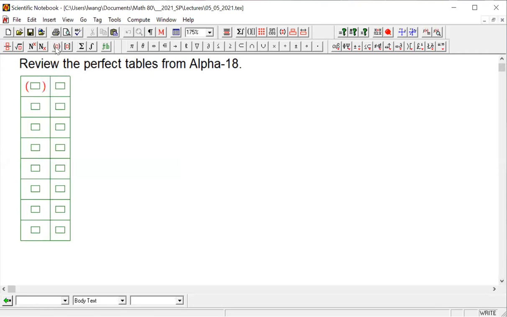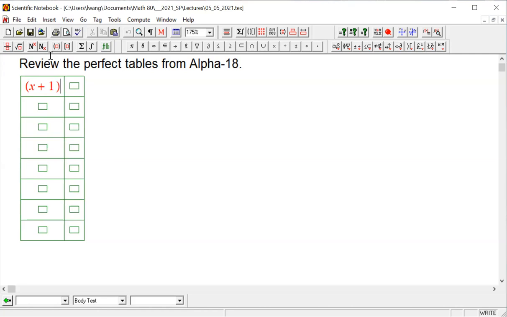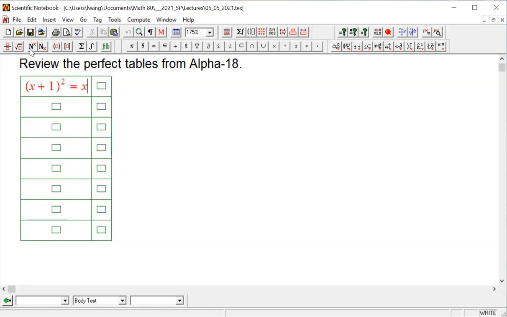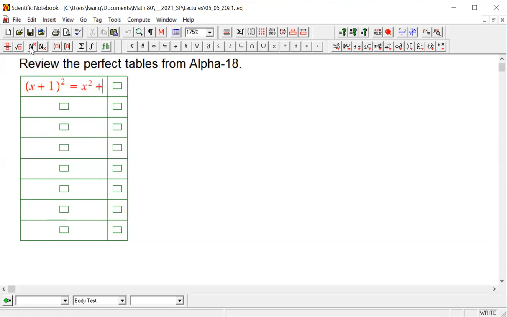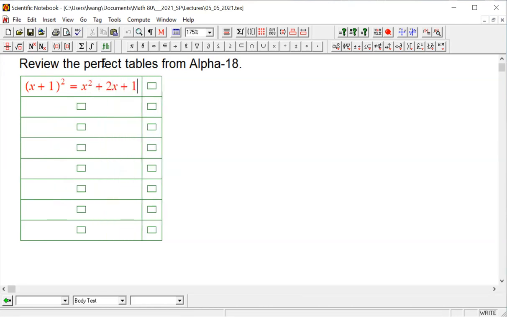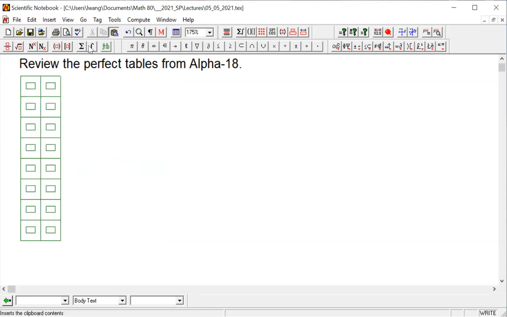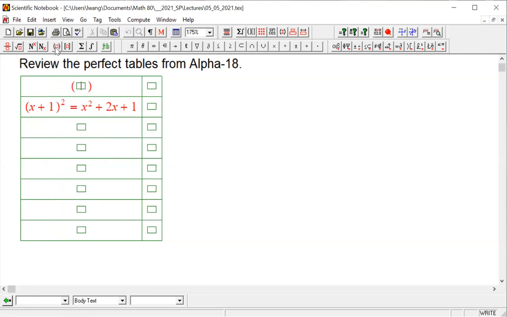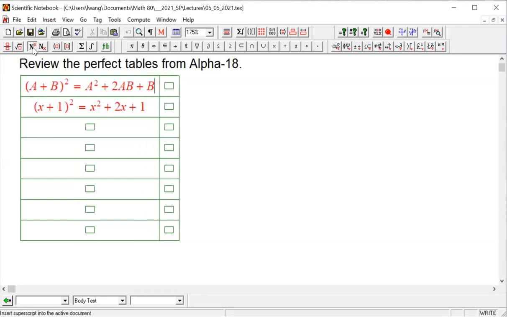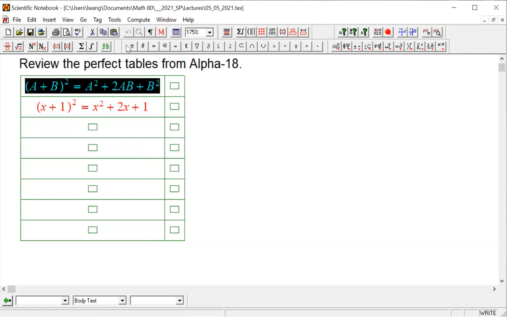If we have x plus 1 squared, if we FOIL that, you do your work, plus 1. And I'm going to put this one over here. Let's reestablish those tables. a plus b squared equals a squared plus 2ab plus b squared.